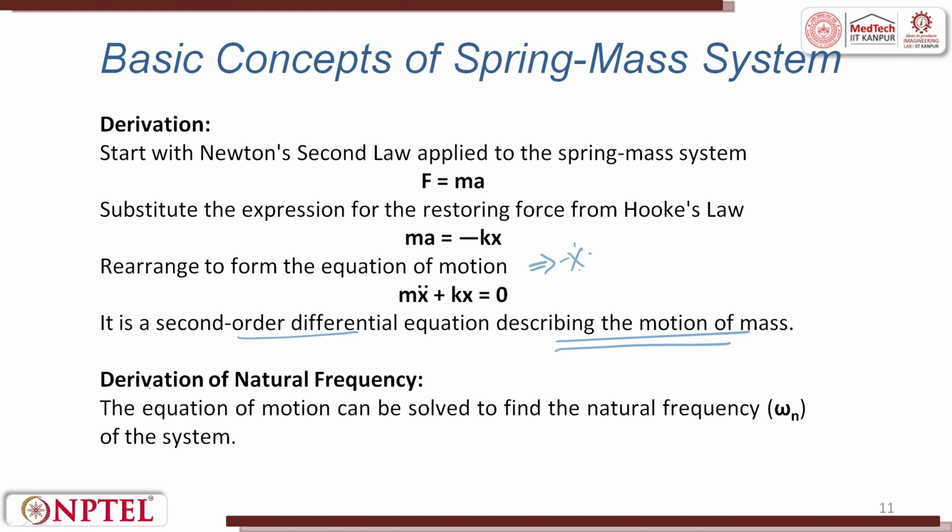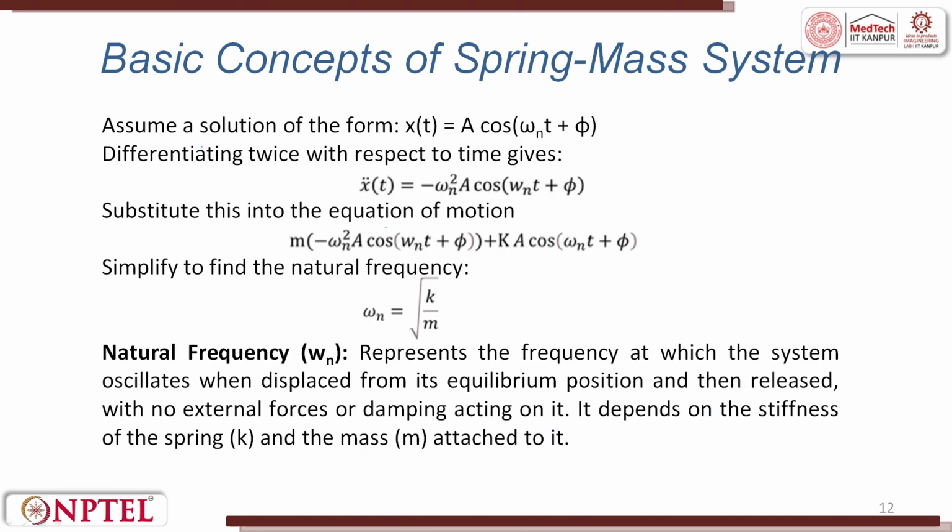So, derivation for natural frequency: the equation of motion can be solved to find the natural frequency of the system. Assuming a solution of the form x of t is equal to A cos(omega n t plus phi), differentiating twice with respect to time, we get x double dot with respect to t is nothing but minus, please note down, minus omega n square A cos(omega n t plus phi).